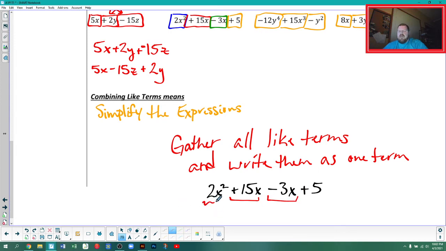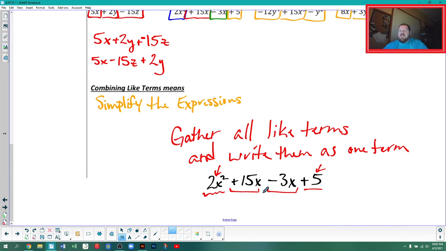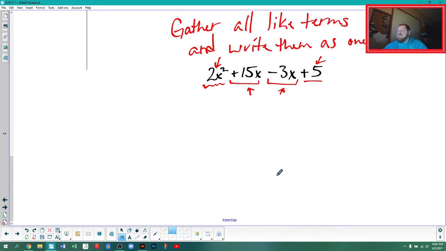And then I have these other ones where I have a 2x squared, and then I just have a plus 5. These two do not have any like terms. But these two, on the other hand, are the same. They're both what we consider to be x terms. All they have are x's.